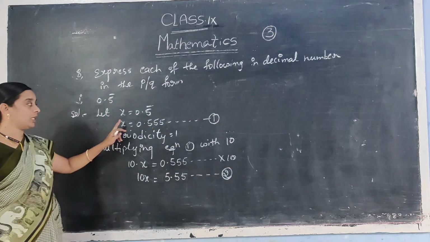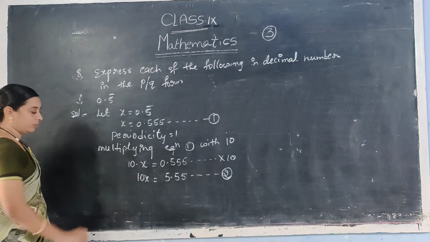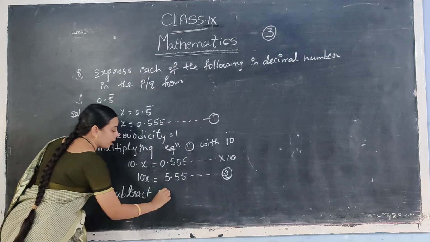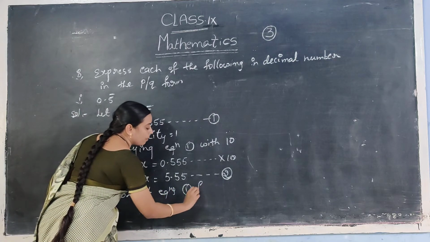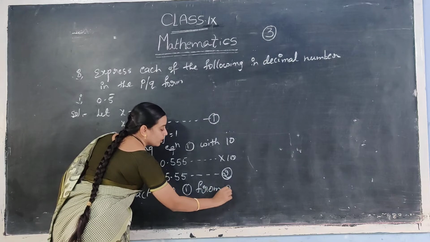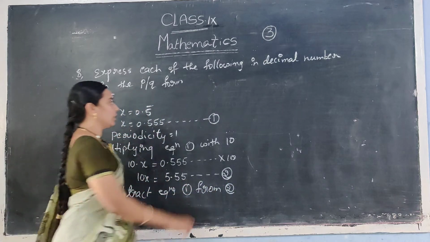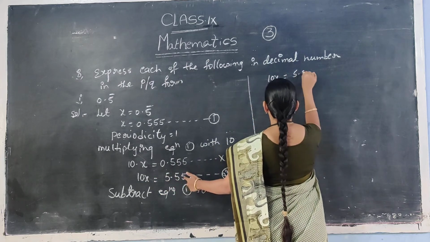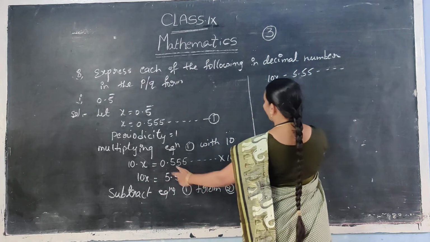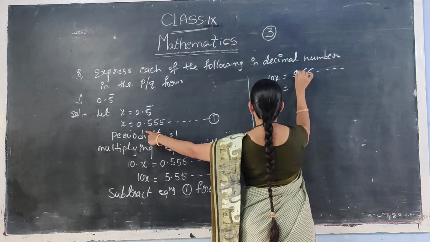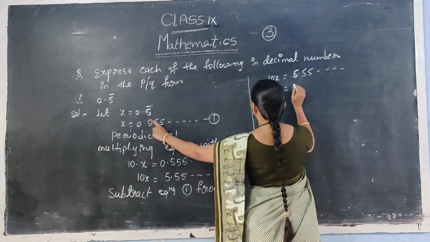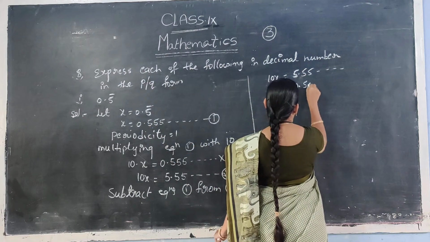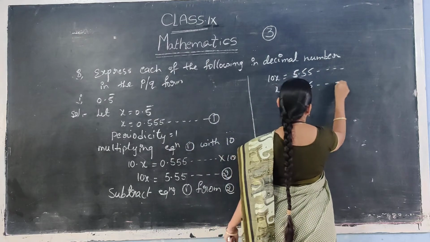Now we can subtract equation 1 from 2. First of all, you have to select the second equation. The second equation is 10x is equal to 5.55 and so on, and the first equation is x is equal to 0.555. Up to only 2 fives, so I have to take 2 terms.